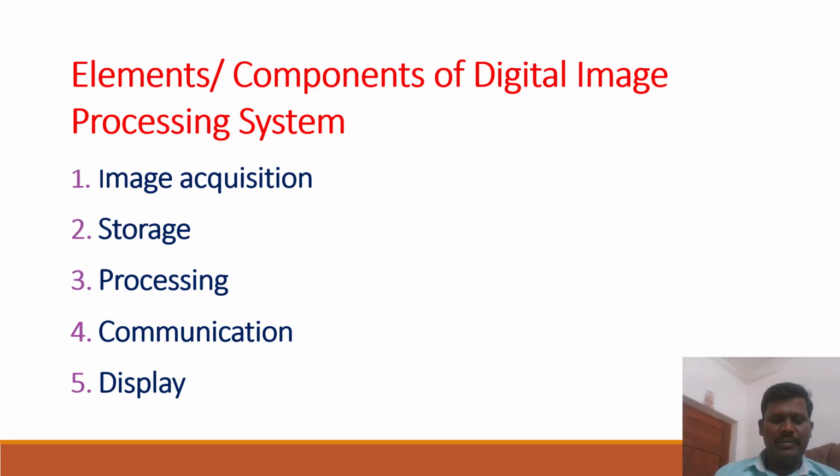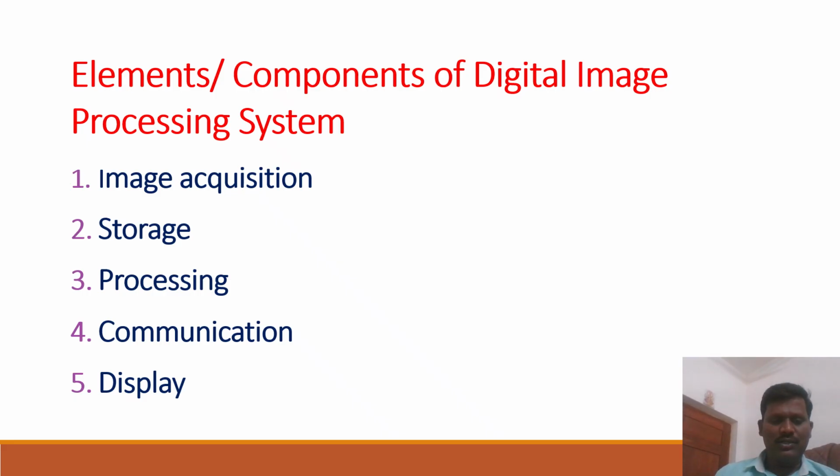The acquired image is stored by using a storage device. Within that storage, we save our acquired image. Once saved, the image is processed for a particular application. In some cases, you are going to share the saved image with someone who requires that image.